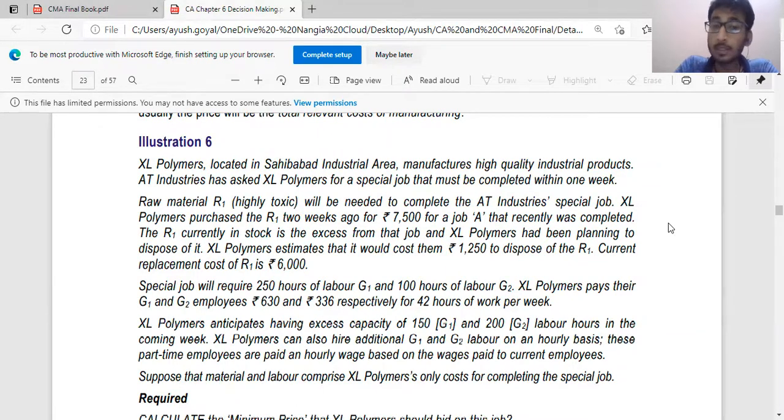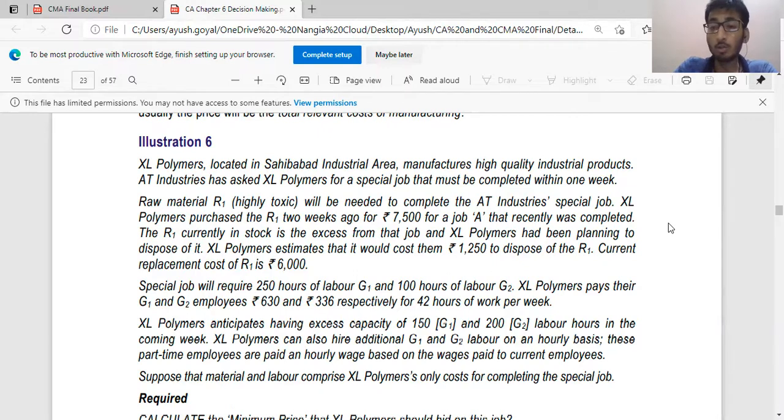R1 is currently in stock, is excess from that job, and XL Polymer had been planning to dispose of it. XL Polymer estimated that it would cost them 1,250 to dispose the R1. The current replacement cost of R1 is 6,000.